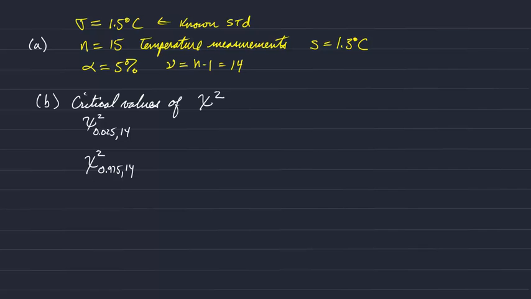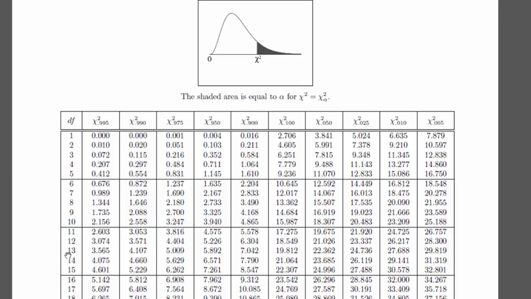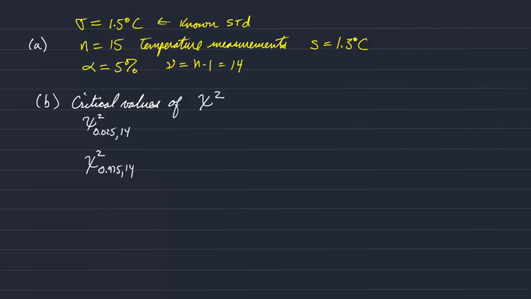Let's turn to our table and look that up. We have 14 degrees of freedom, shown on this row. We first want chi-squared sub 0.025, which gives a value of 26.119; let's just round that to 26.12.